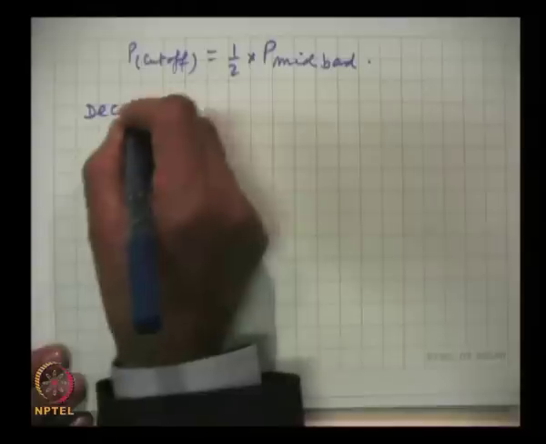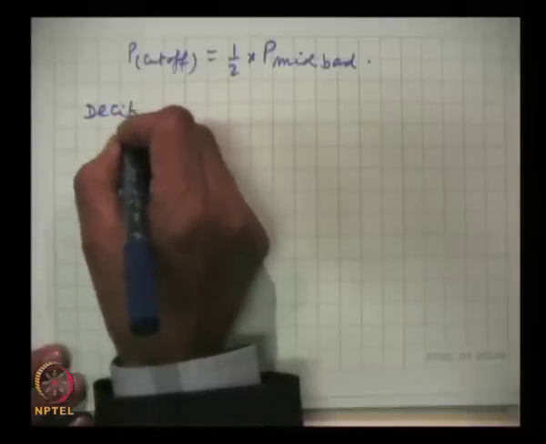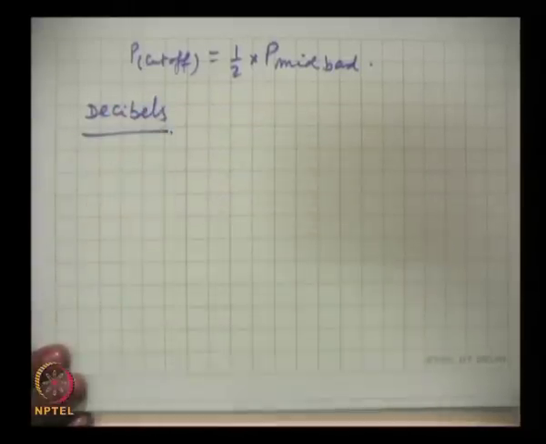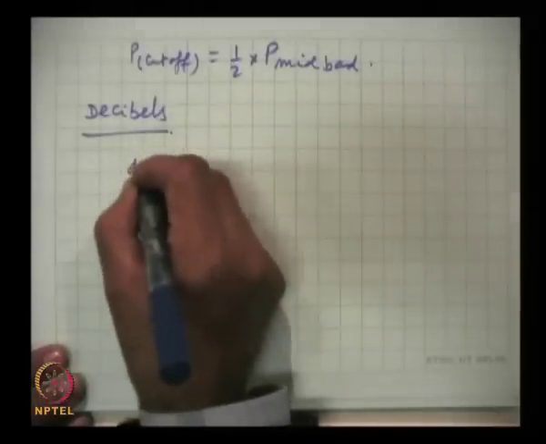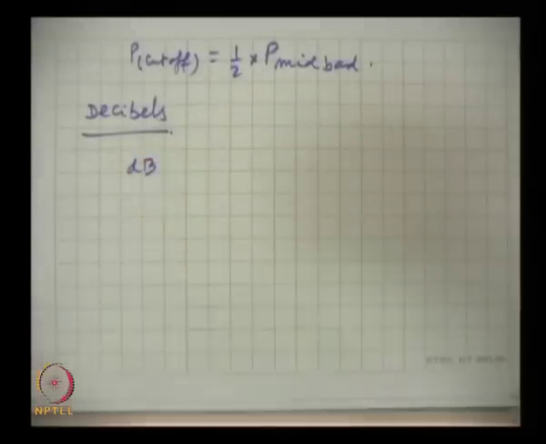Now, power levels in electronics and in electrical engineering are most often described in another unit, which is a log unit called decibel. It is written with a small d and capital B, dB.